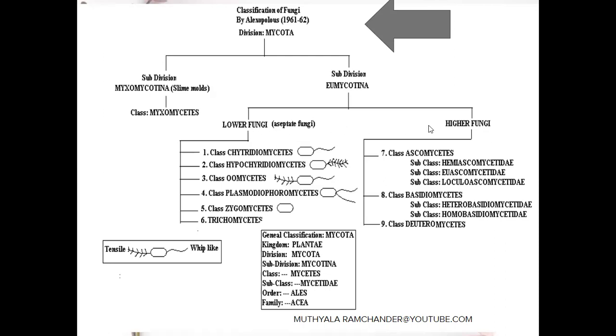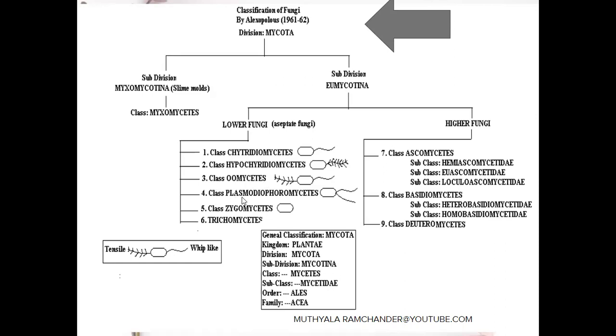The lower fungi and higher fungi, meaning Eumycota, are classified into a total of 9 classes. The first class is Chytridiomycetes. Chytridiomycetes is the first class of Eumycota. Second class, Hypochytridiomycetes. Third class, Oomycetes.